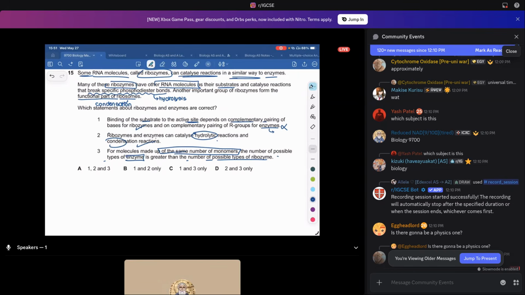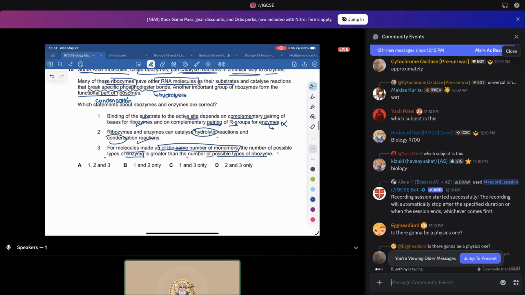Do lipids have R groups? They don't. Do carbohydrates have R groups? They don't. So there is no pairing of R groups for all enzymes. This is when we bring our own assumptions to the question. That's why one of the first things I said is don't bring your own assumptions to the question. If it's not stated, don't assume it's there.